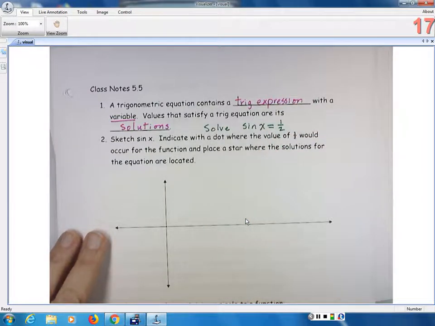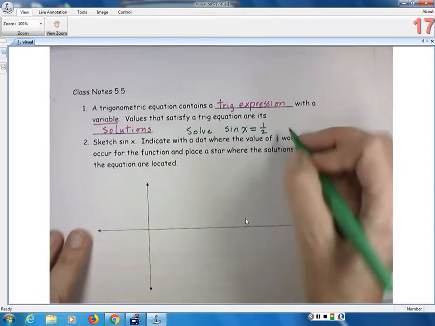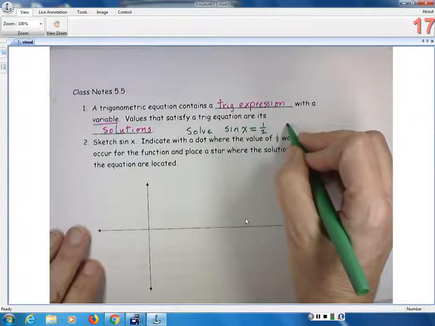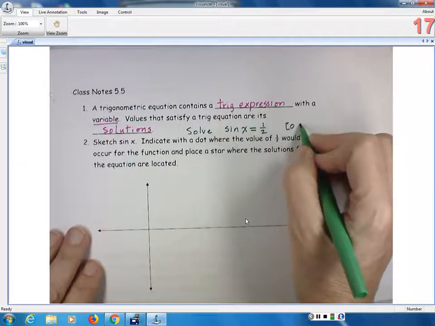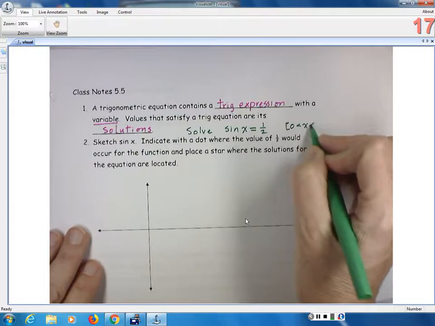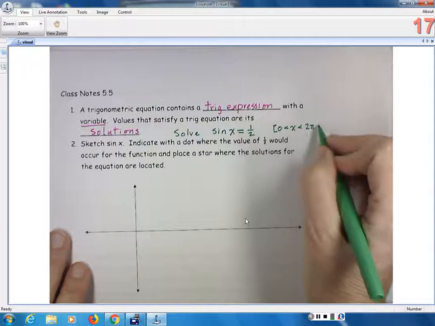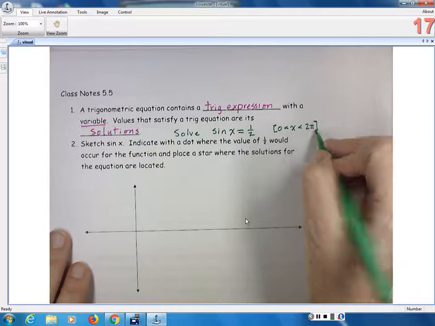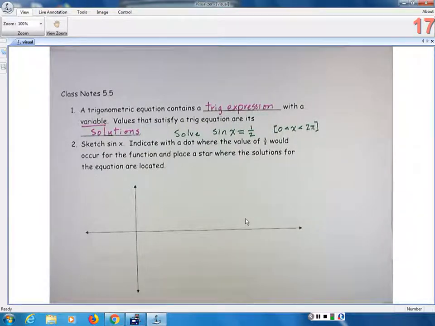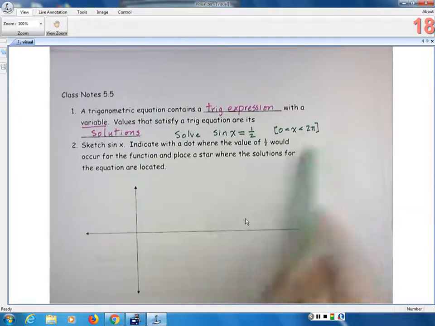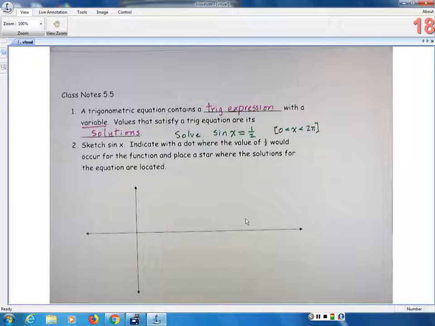We want to solve that equation and get all the solutions of sine x equals 1/2 between 0 and 2 pi. And I think you already had some MyMathLab like this. So one way you could do it is graphically.